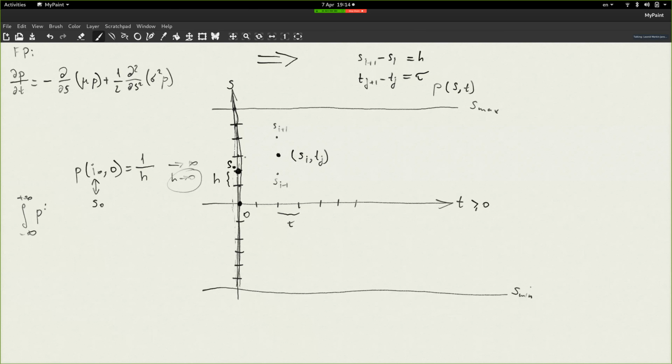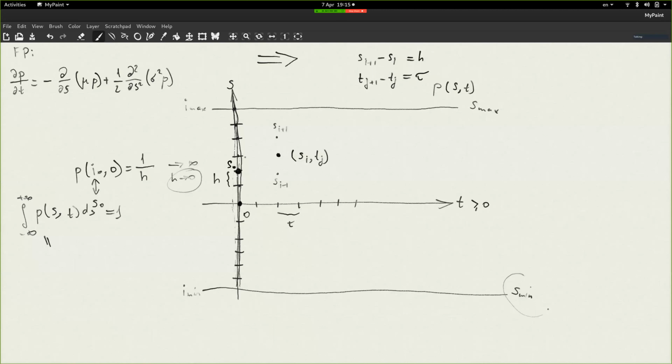But we have a grid, so we don't take this integral. The grid will give us some I minimum here and some I maximum here, corresponding to S min and S max, right?